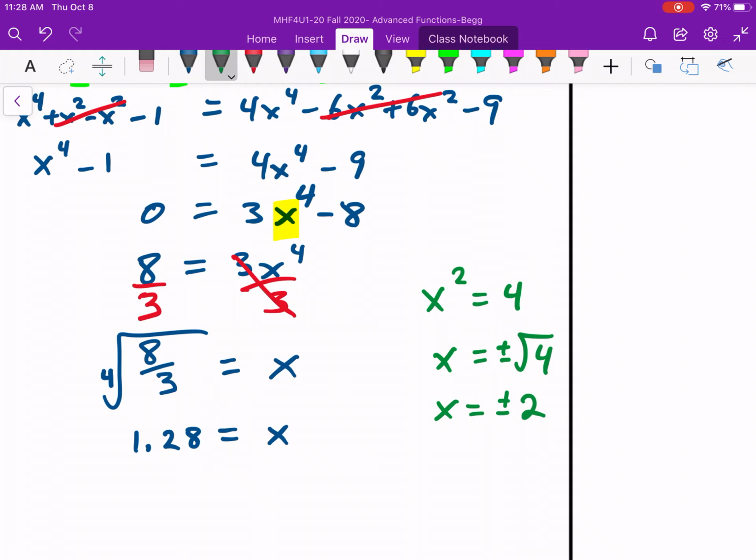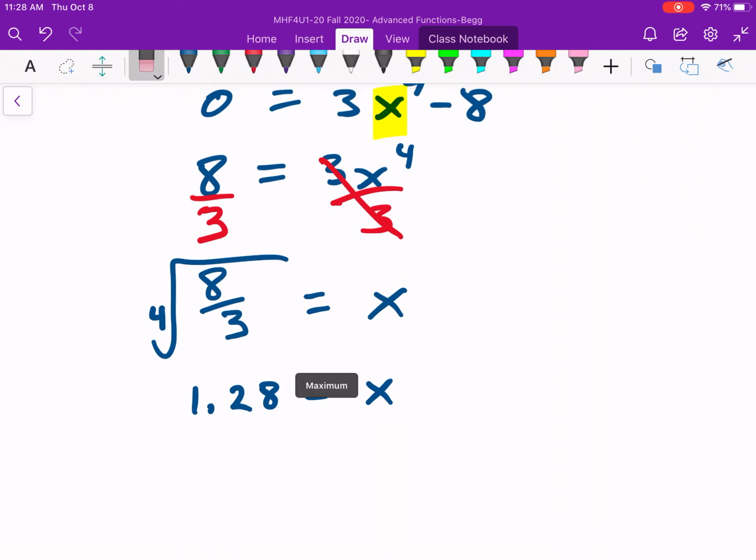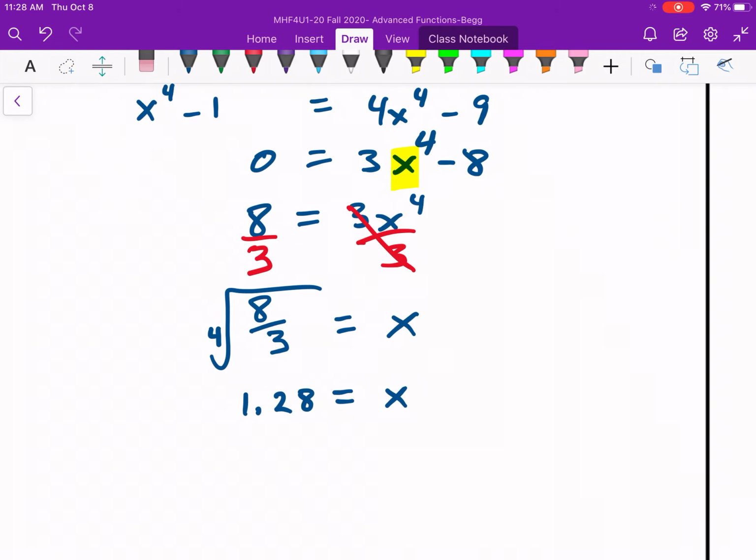That's a feature of any even exponent, or when I'm solving for anything to an even exponent. So 2 is obviously an even exponent, but 4 is also an even exponent. Because of the fact that I'm taking a 4th root, I need to put a plus or minus in front of that, and there's actually 2 solutions.